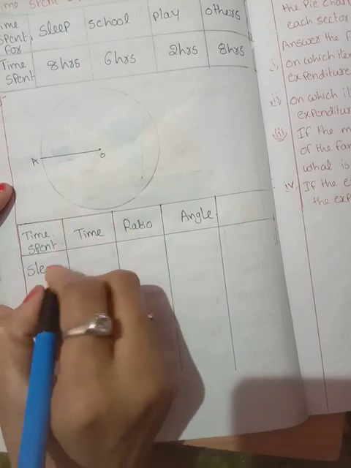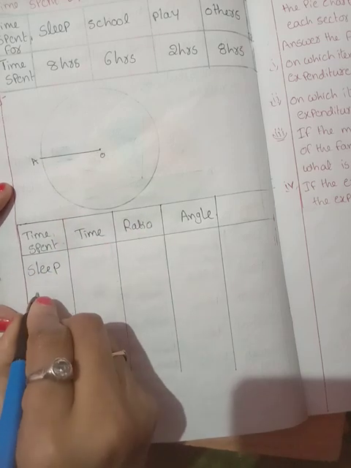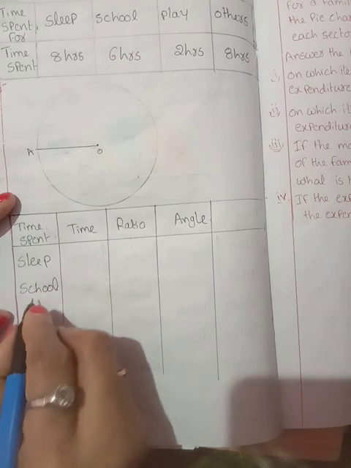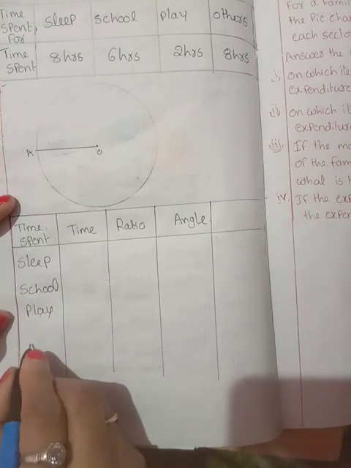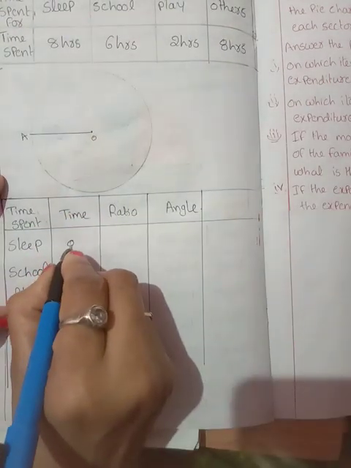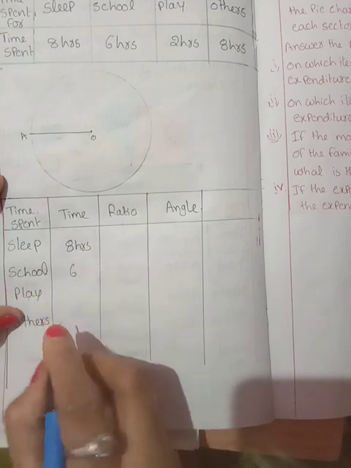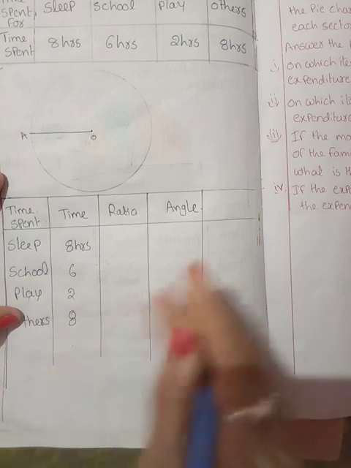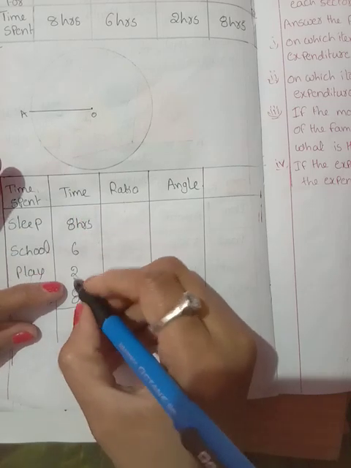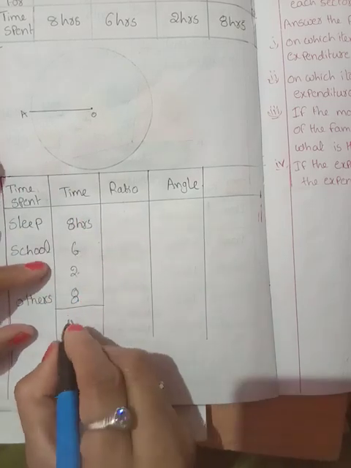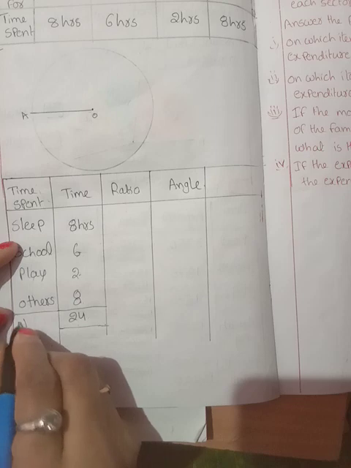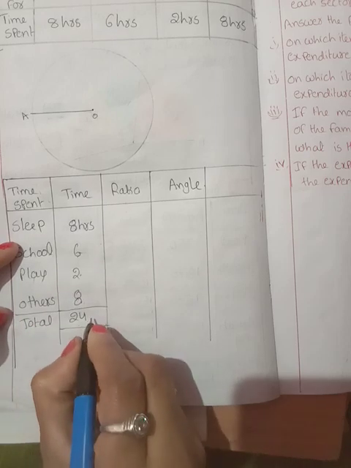First one is sleeping, next is school, another is play, and another is others. Time for sleeping is 8 hours, school 6 hours, play 2 hours, others 8 hours. The total time is 8 plus 6 plus 2 plus 8, so 24 hours.